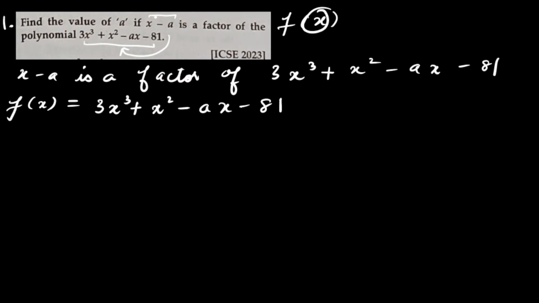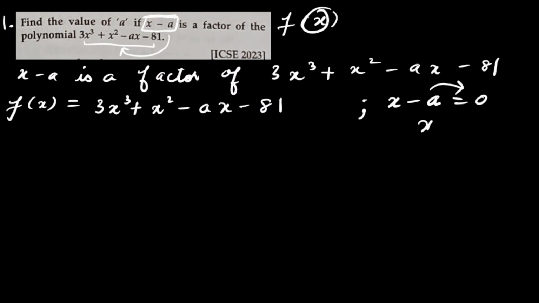Now we know x minus a is a factor. To find the value of x from this, we equate this linear polynomial which is a factor to 0 and find the value of x.